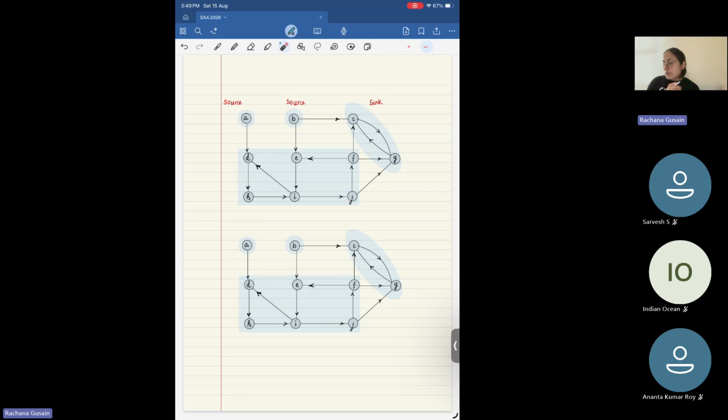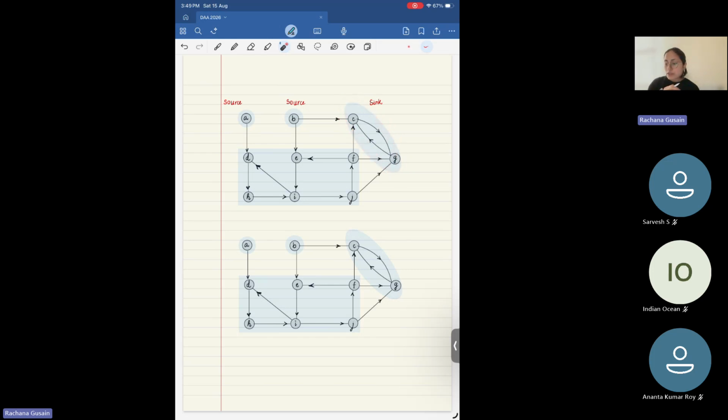Now let me tell you one thing. Suppose I start my DFS from a sink node in this graph of strongly connected components. Our goal is to identify all the strongly connected components. Let's say my goal is to identify just the sink strongly connected components in this graph.